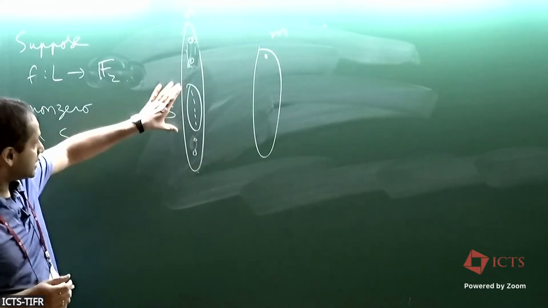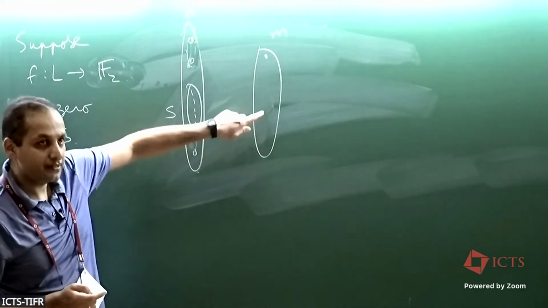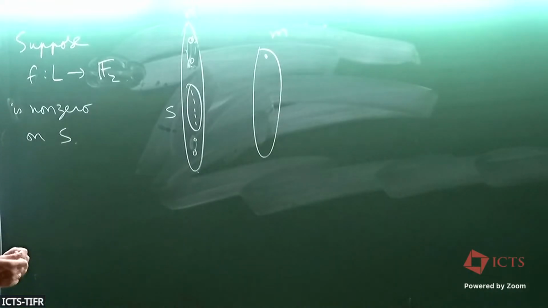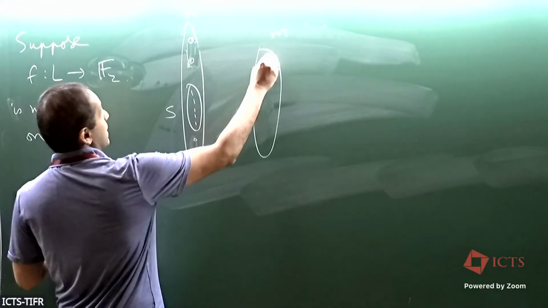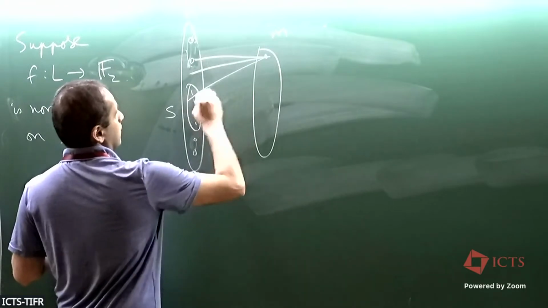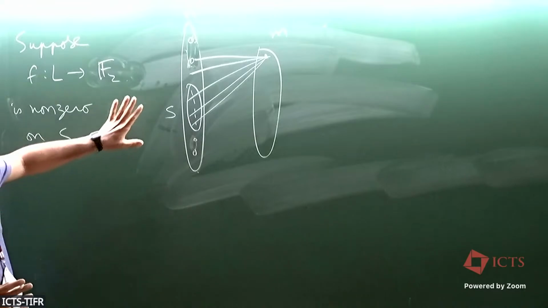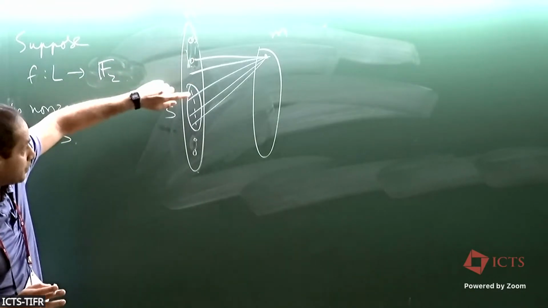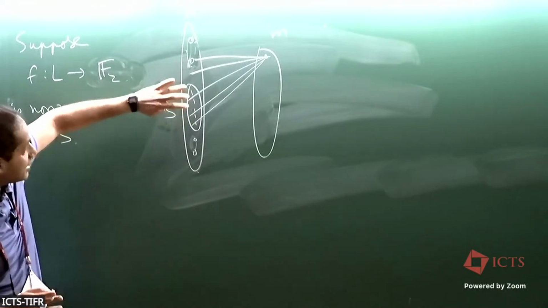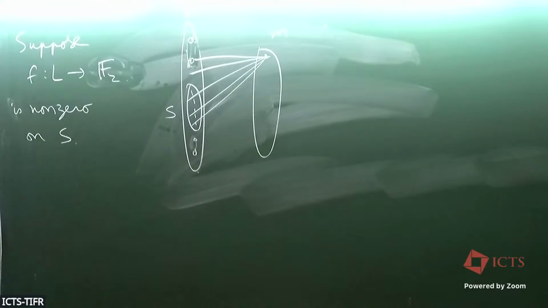A small set S of size only delta n, such that all the vertices on the right have, when you take parity of the neighborhood, it should be that, well, the zeros contribute nothing to the parity, only the ones contribute. It should have an even number of neighbors in S. Okay, and this is not possible.